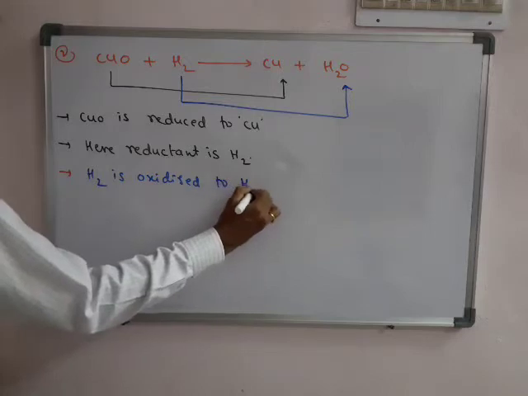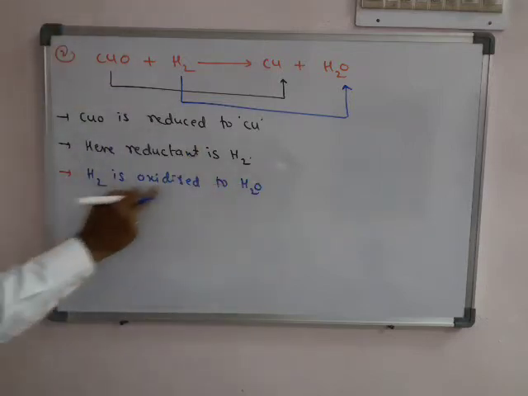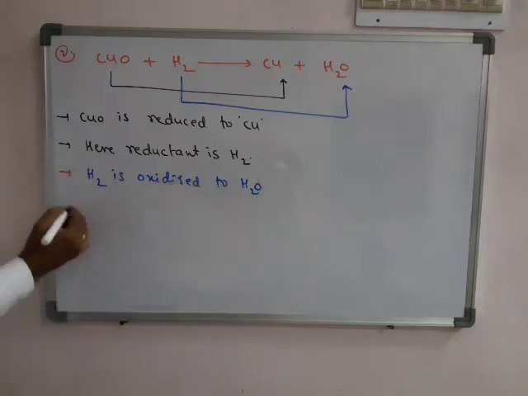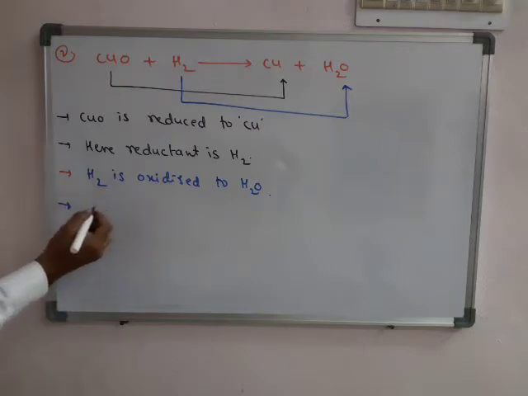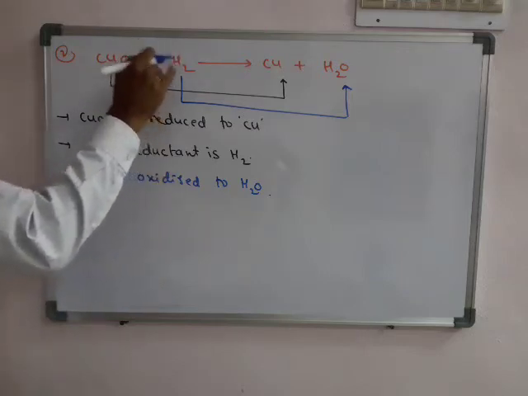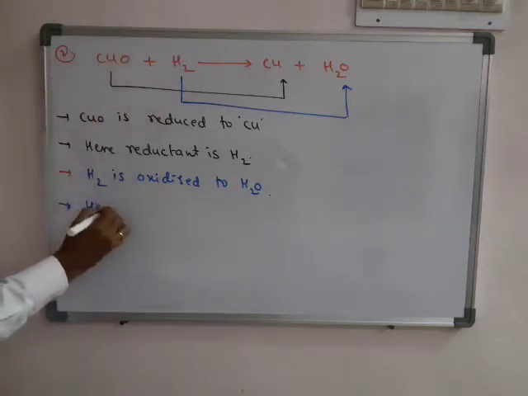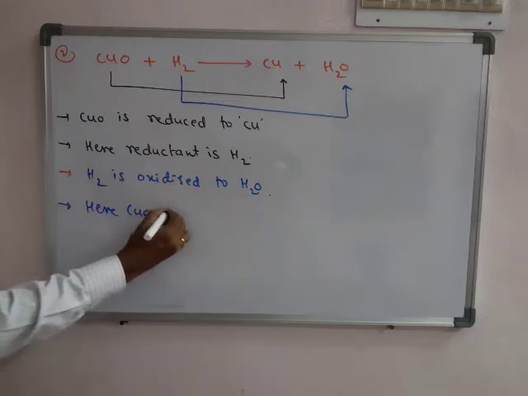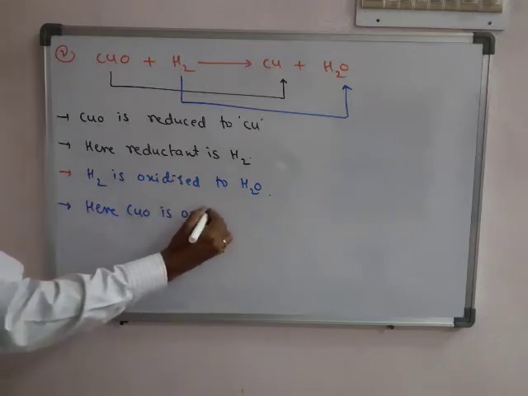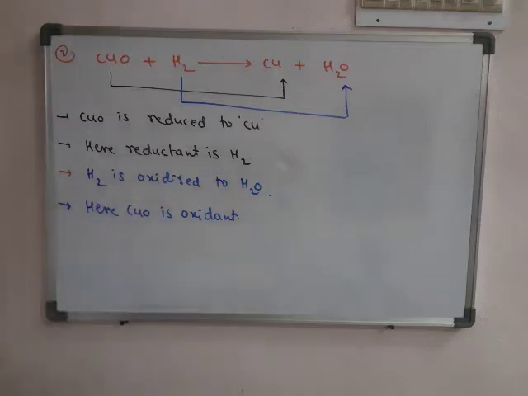It is oxidized to H2O. Two hydrogens are the same, but one extra oxygen came, so we know it is oxidized. Which is responsible for it? Which donated the oxygen? This one, CuO. Therefore we can say CuO is the oxidizing agent, which is responsible for oxidation, called the oxidant.